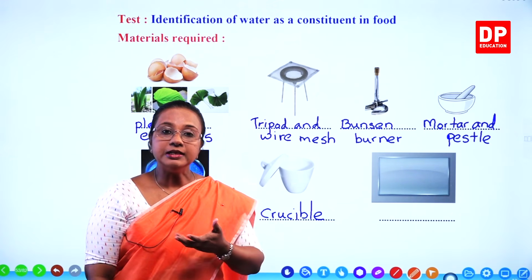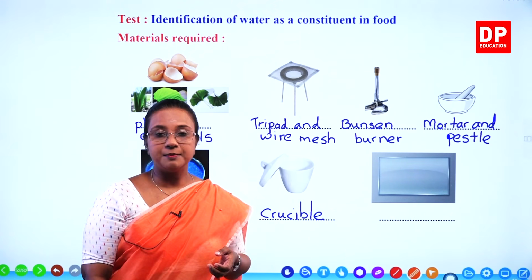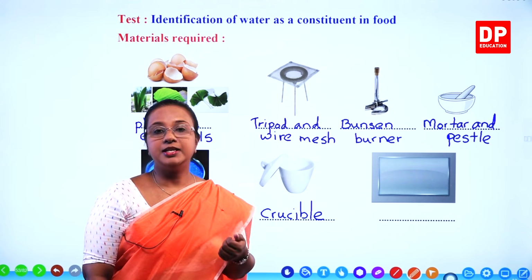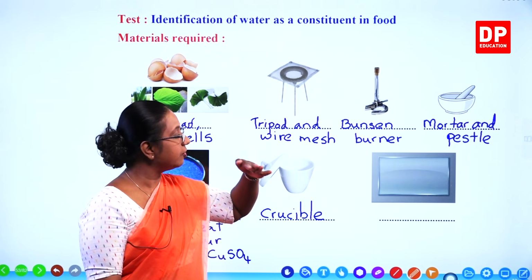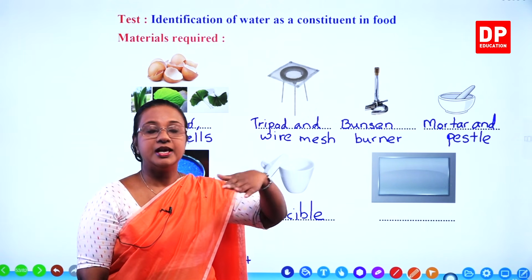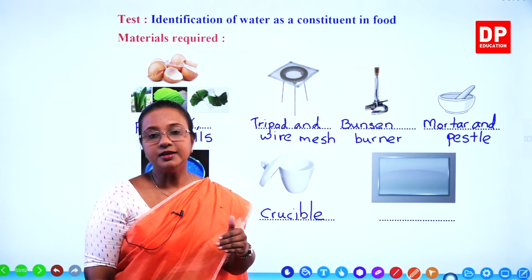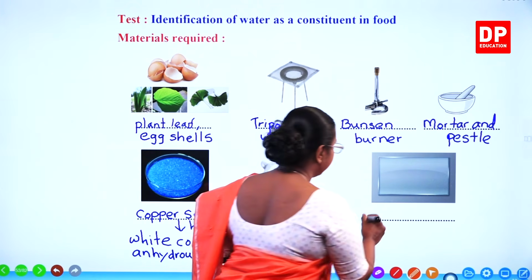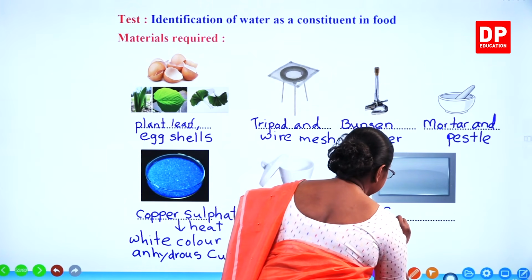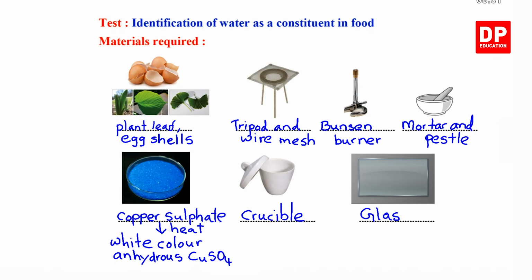So, the water that is there in the food sample will evaporate due to heat, and when we hold the glass on top of it, it will condense on the glass. So, for that we will be needing a glass sheet.